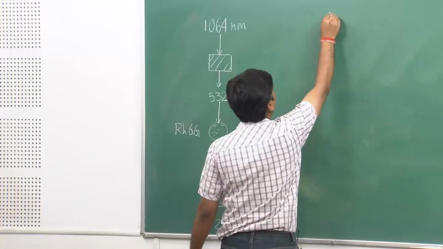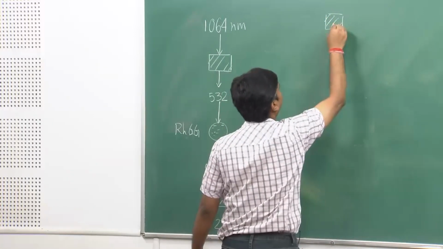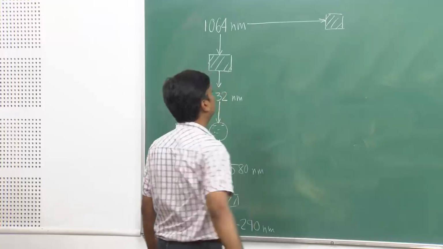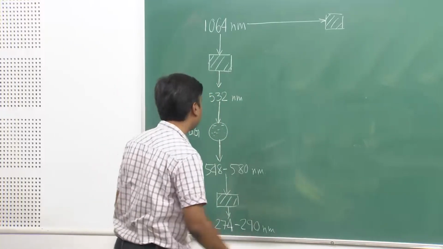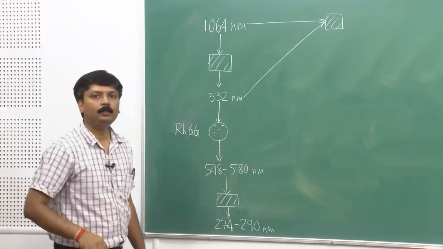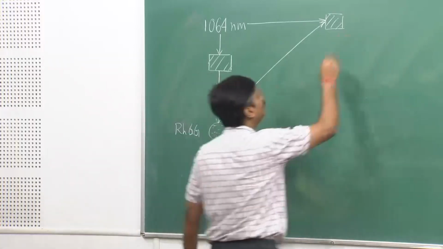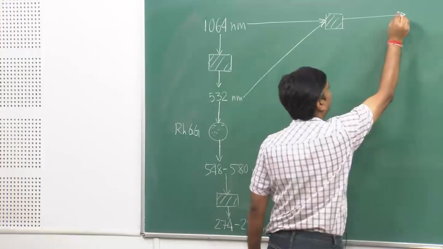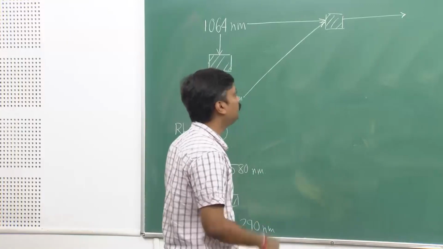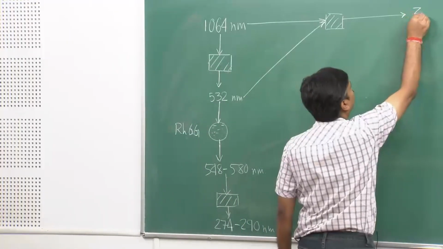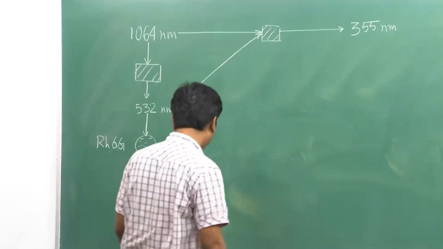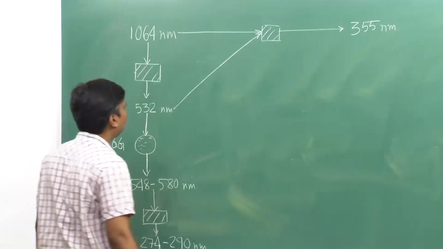Suppose I have another crystal here again, and I send this light, and I also send this light, they will mix within the nonlinear medium, and then I will get another output, and you should be able to guess what output it will give. In the last class we mentioned this one, and this should give you approximately 355 nanometer, right.